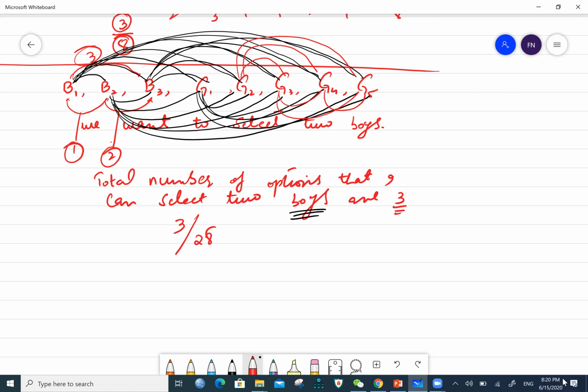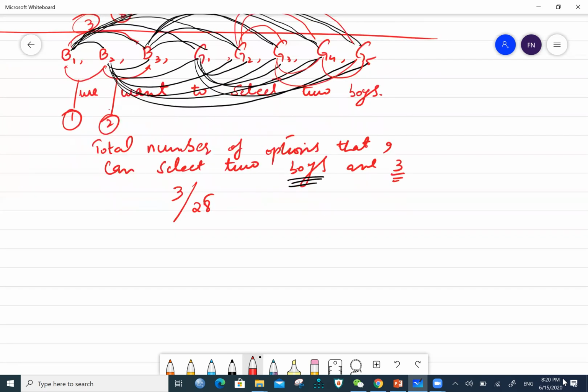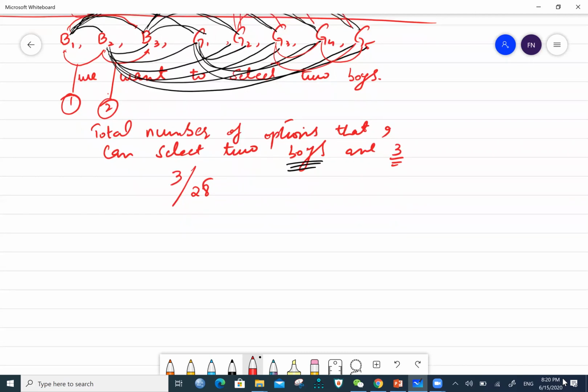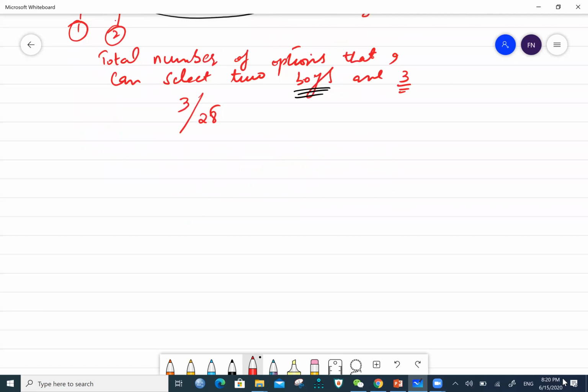But how can you calculate it faster than doing that? Okay, now let's say we have B1, B2, B3, G1, G2, G3, G4, and G5.